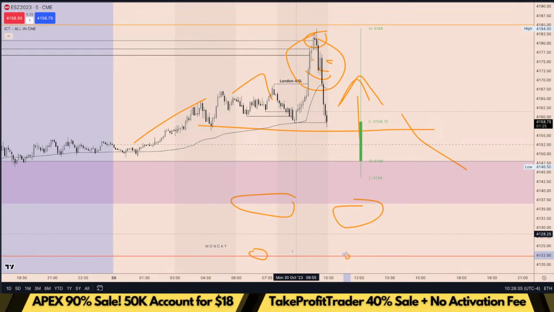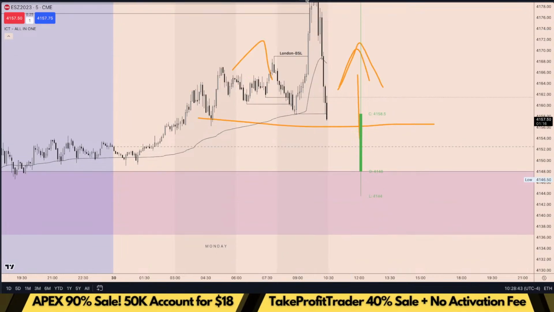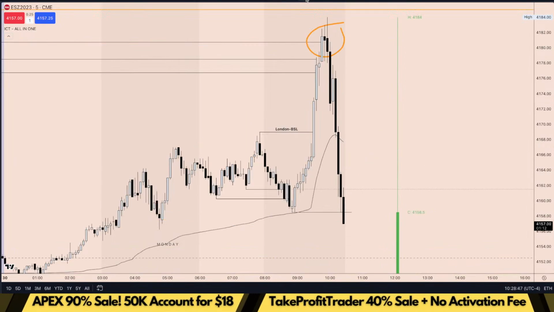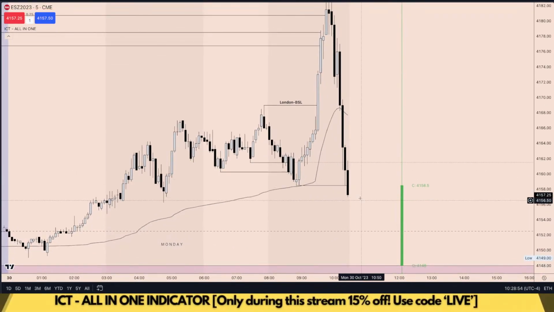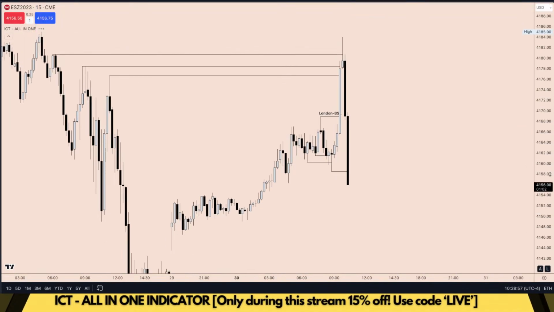We take partials. This is our final target. That's the setup that I'm gonna be trading today. All right, and we have 1 more minute to go before we confirm the 5 and 15-minute market structure shift.